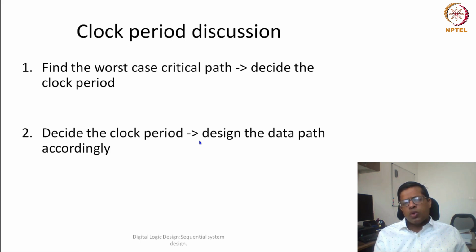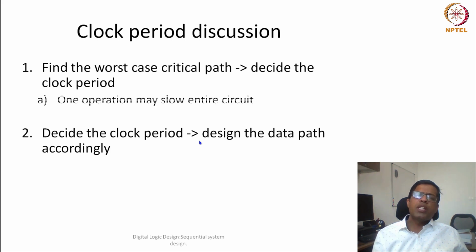The first one looks quite intuitive, the way we have been designing so far: we go ahead and design, and after designing we find out what the clock period is. If that is the case, what would happen? Let us say, deliberately or non-deliberately, one operation is very slow.